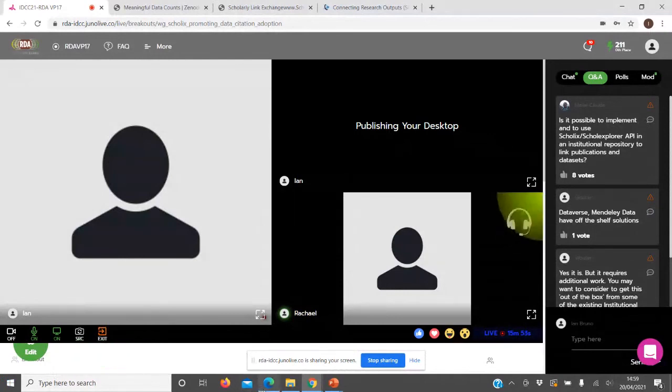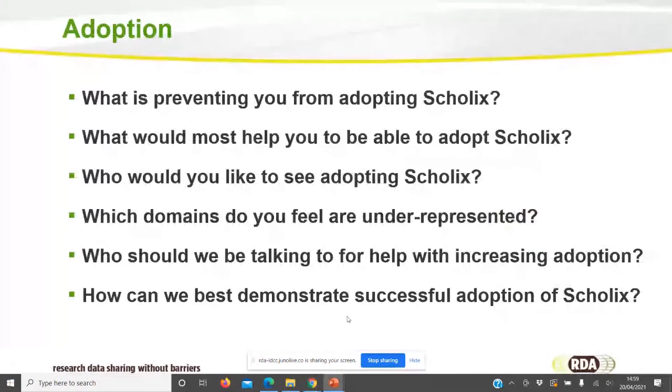All of which I think we can tackle, but it does take tweaks to workflows between different systems over time. And Ian, I know you've been on the receiving end of that as well in the work that you do.